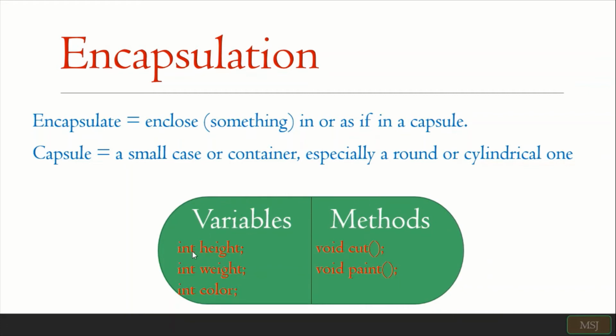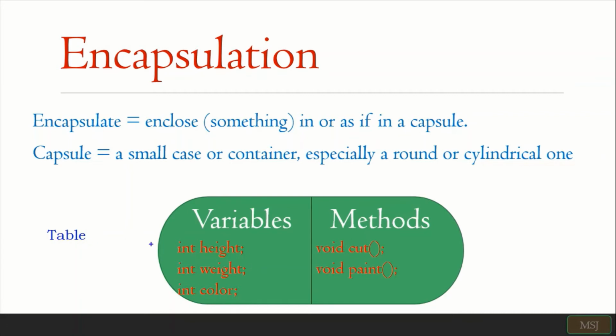How do we write variables? So these are the variables. You all know C and C++. Height and weight and color. This is the data type, and these are variable names. What are these? These are methods. We do some action here. In the previous class, we took one example, right, of a table. A table has certain attributes and a table has certain operations or methods.